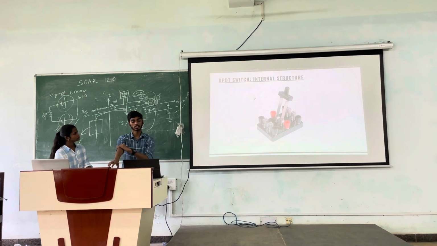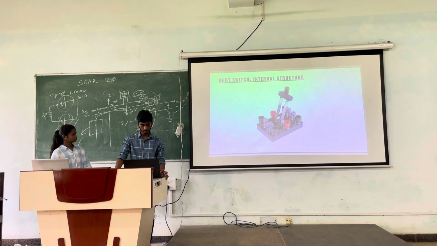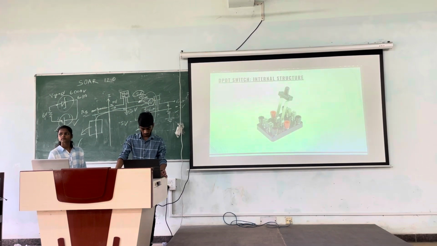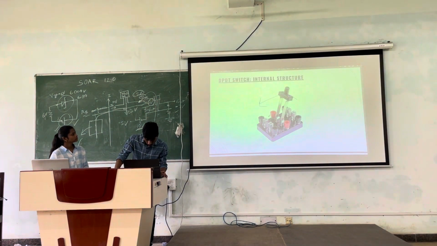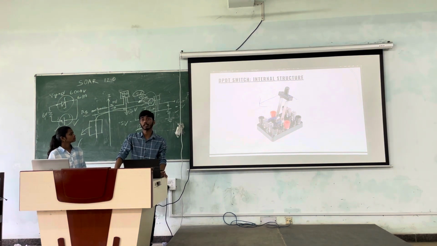Let's understand the internal structure of a DPDT switch. In a DPDT switch, we have 6 terminals like this, this, and this. So if we turn this toggle to this side, the left side, this metallic strip gets set to this, and these two terminals are getting connected, and these two terminals are getting connected simultaneously.